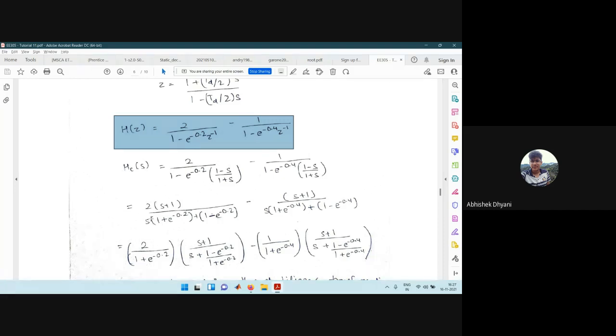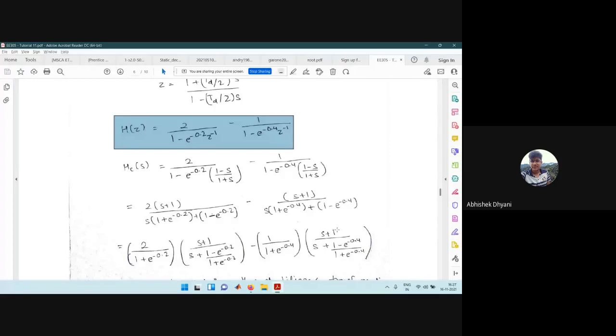Then finally, here I have taken 2 by 1 plus e raised to the power minus 0.2 as common from this part, which will give me this part. And from this second part, I have taken 1 by 1 plus e raised to the power minus 0.4 common. So the numerator will remain the same. It will become s plus this part divided by 1 plus e raised to the power minus 0.4. So this is the HCS that we have obtained.